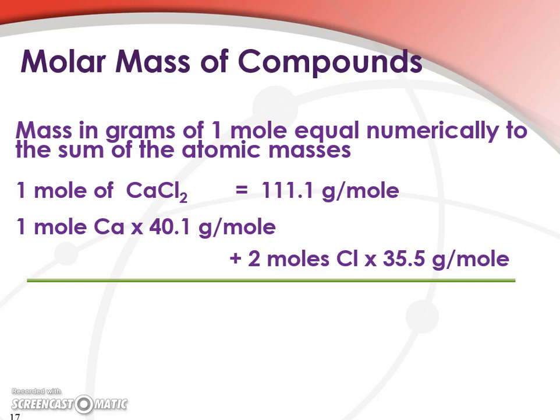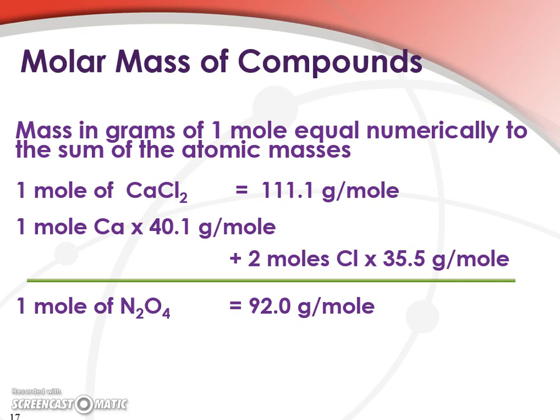But then there are 2 chlorine atoms in the formula. So we multiply the mass of chlorine, 35.5 grams per mole, times 2. Add these together, 71 plus 40.1 gives us 111.1.